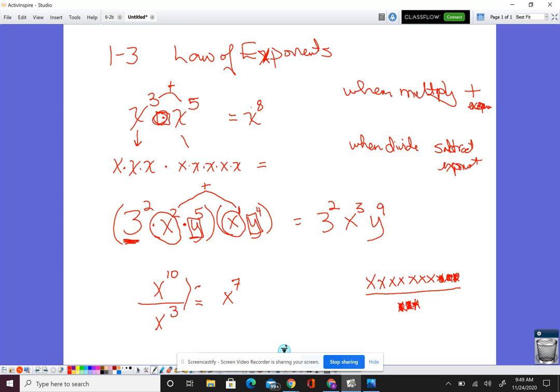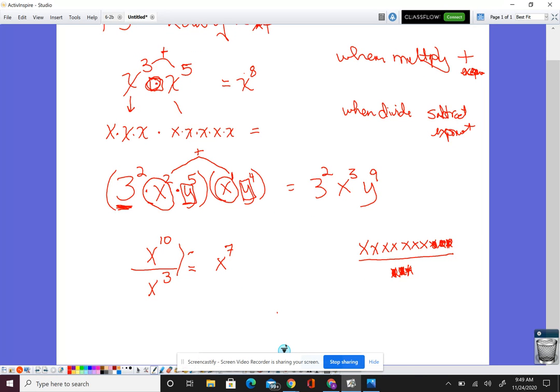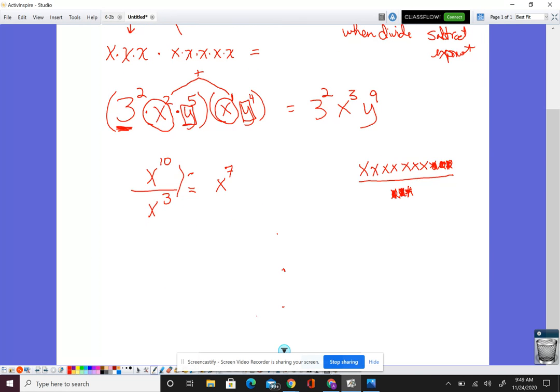Okay. So let's look at a few more examples here. 12w to the 5th divided by 2w. Now the ones that are common bases are the w's. Anytime you see a w without a number as an exponent, put a 1 there.